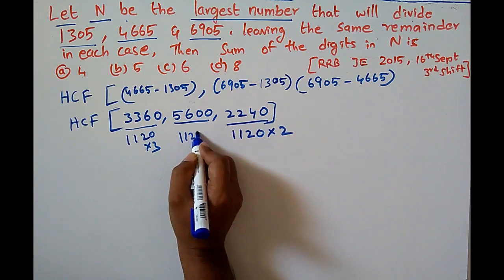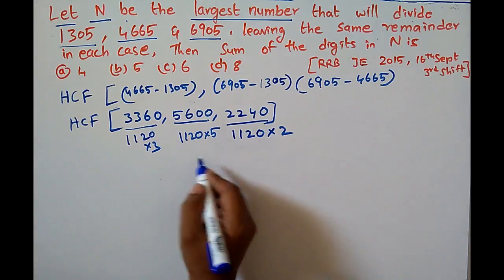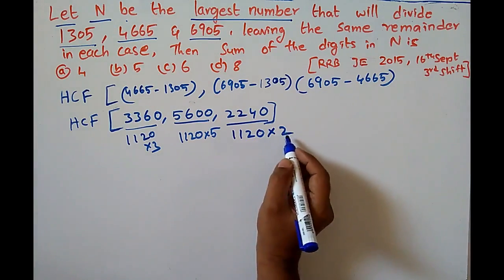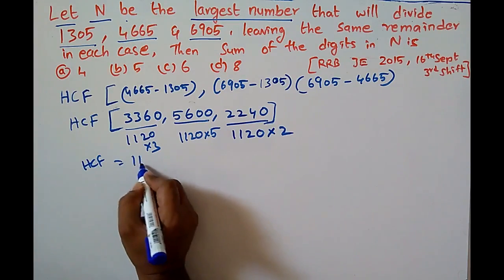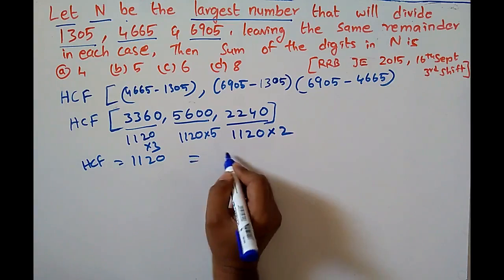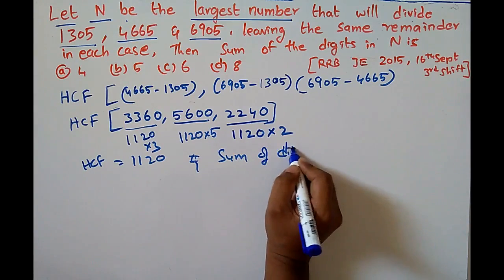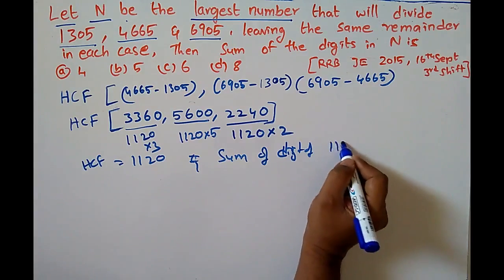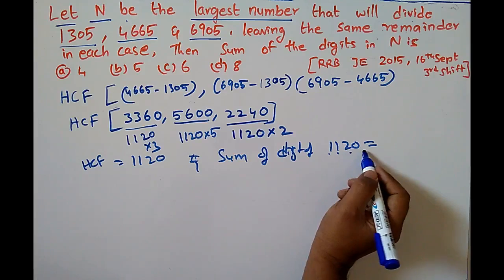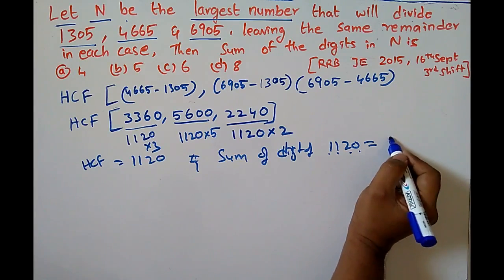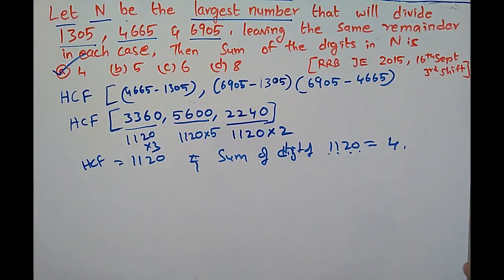If I am not wrong, it is 1120 into 5 times. Yes friends, it is right. So here the HCF is 1120 and the sum of digits of 1120 is 1 plus 1 is 2, 2 plus 2 is 4, plus 0 is 4. That is 4. 4 is the answer.